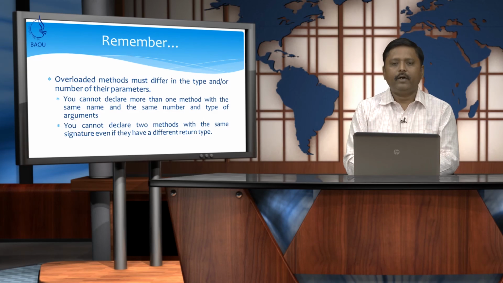Because in the signature we have the return type as well as parameters, but method overloading only works based on parameter number and parameter type. So, return type is not taken into consideration while calling an overloaded method. So, you cannot declare methods with the same parameters but a different return type. They are considered ambiguous or confusing by the compiler. So, these two things you have to remember.